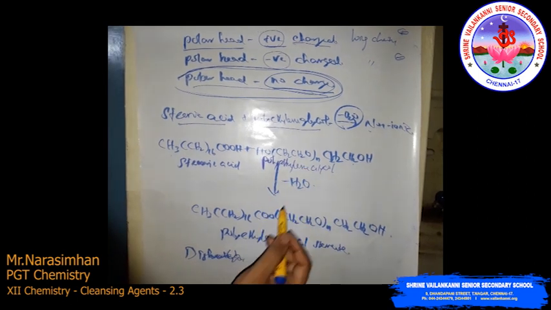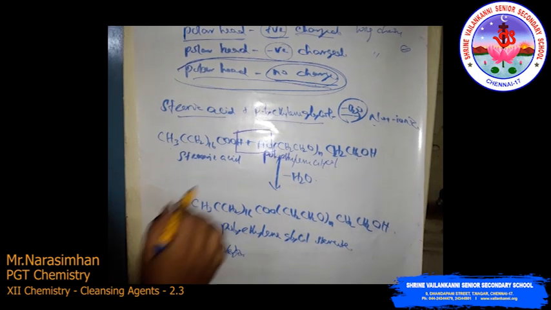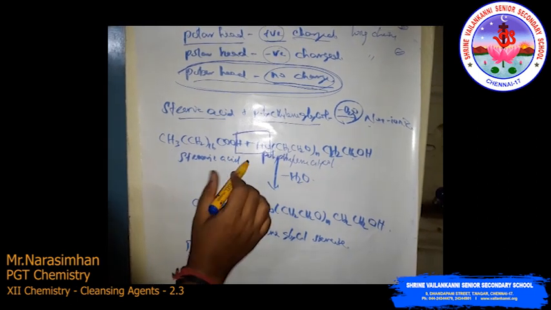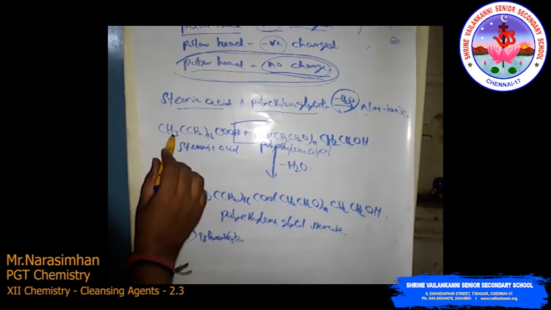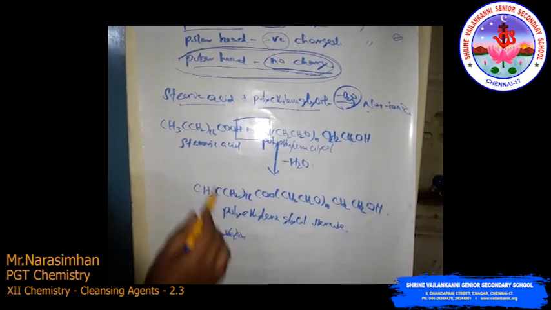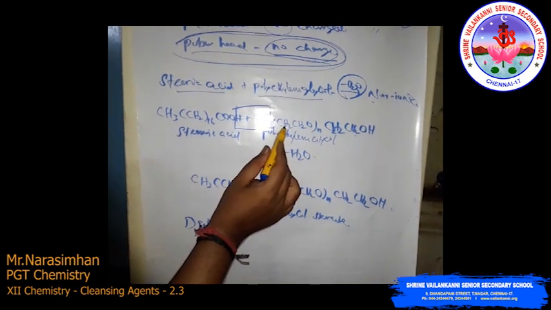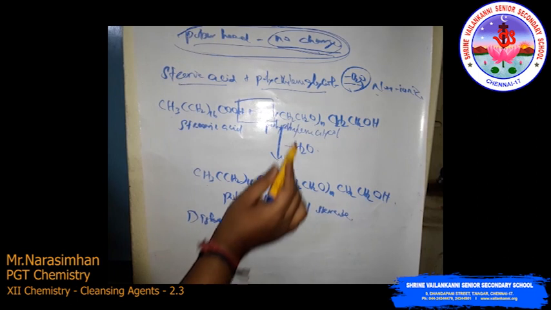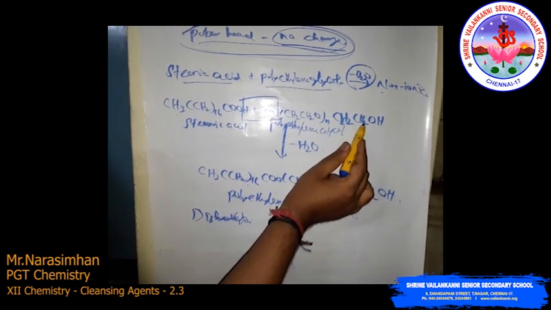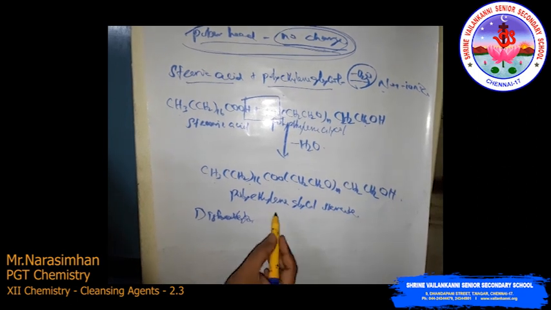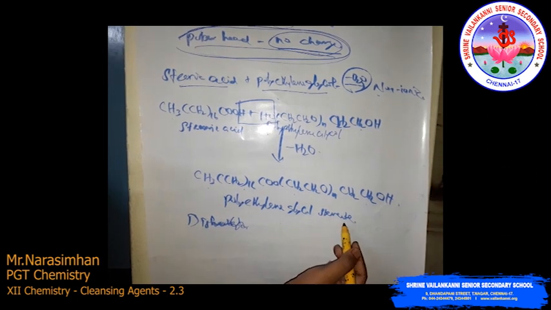So there is removal of a water molecule, H2O. The remaining things you have to write here: CH3 (CH2)16 COO, and then the remaining part, CH2 CH2O (n times) CH2 CH2OH. So this is called polyethylene glycol stearate.